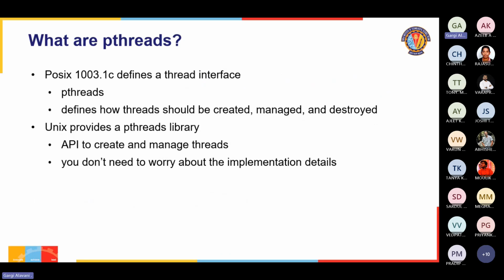We've seen last time that POSIX 1003.1c defines the thread interface, and Unix provides this library which helps you to create and manage threads, so that you don't have to worry about how the implementation is done in the background.